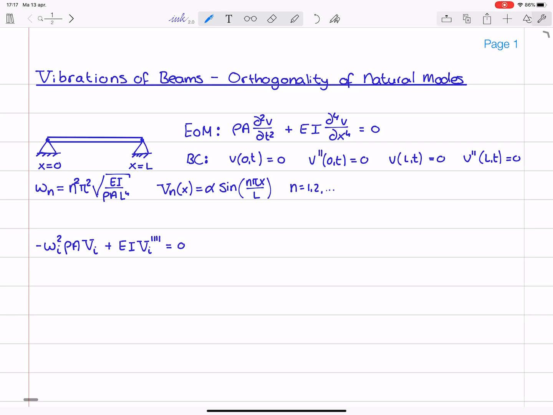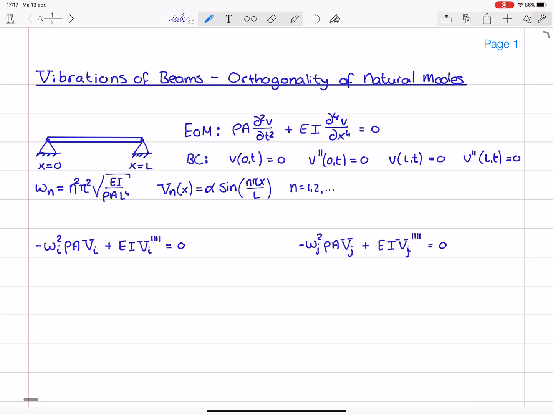And similarly for some other natural frequency, omega j, and the corresponding mode Vj holds that they satisfy this equation: minus omega j squared rho A Vj plus EI Vj fourth derivative equal to 0.